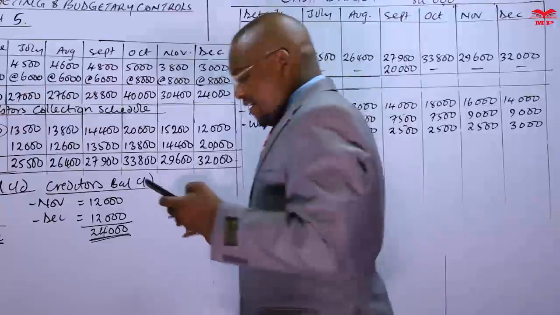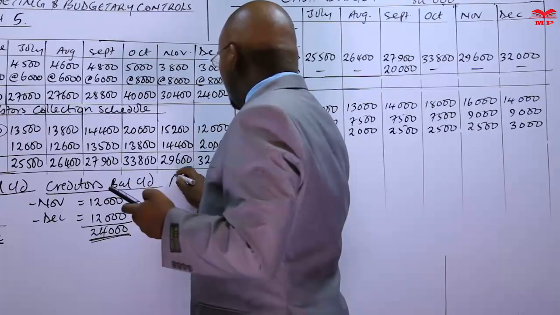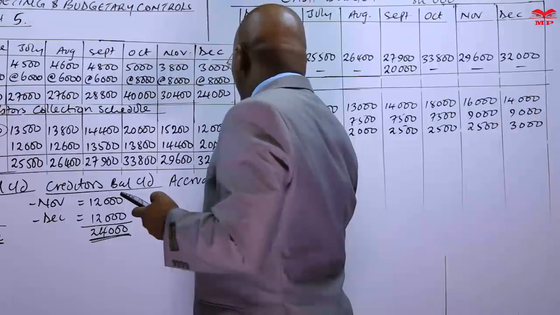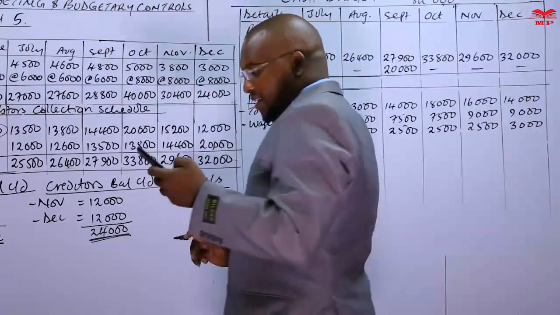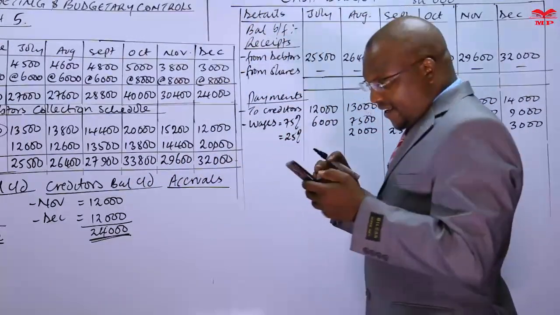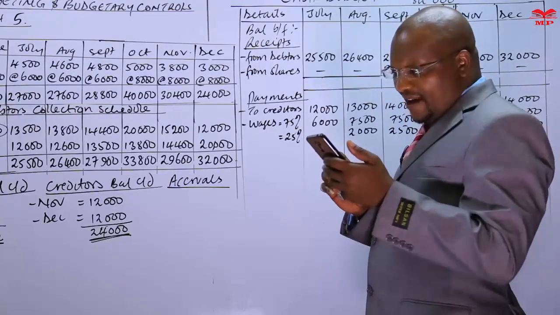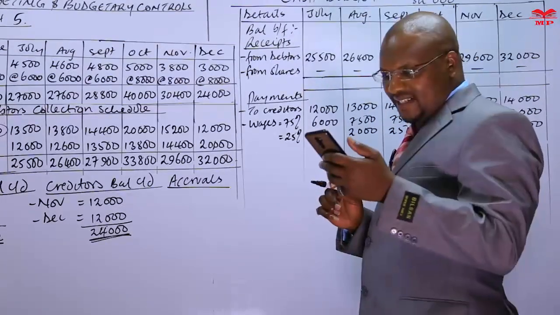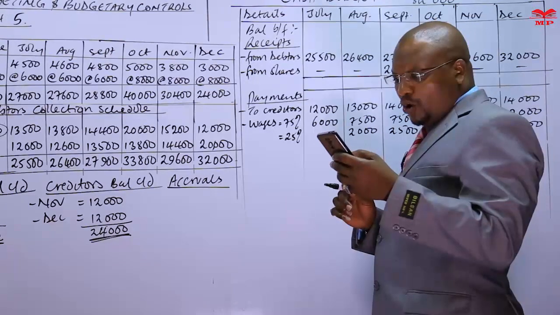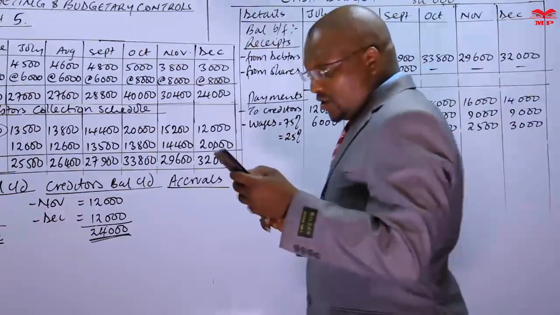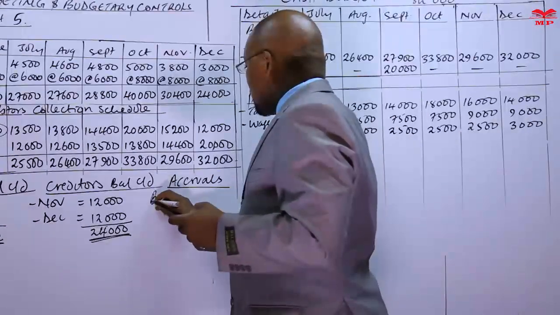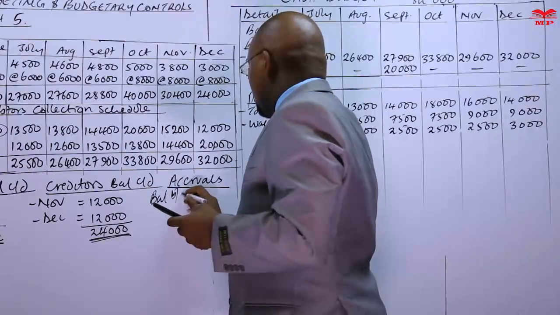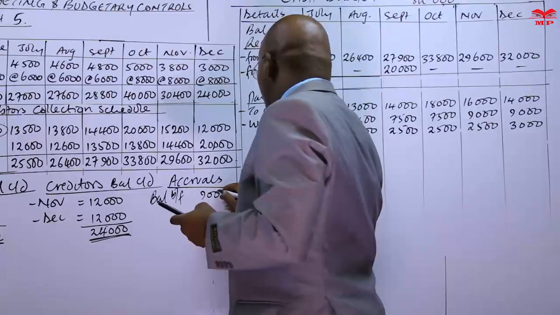So here we can talk of accruals as a working. In the balance sheet, we have other creditors of 9,000, so we have a balance brought forward of 9,000.